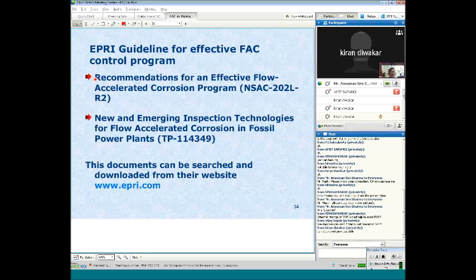You go for this document, recommendation for an effective flow accelerated corrosion program, on the EPRI website, and it can be downloaded from there. Any more questions?